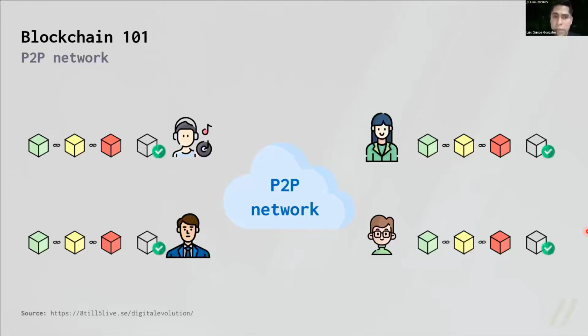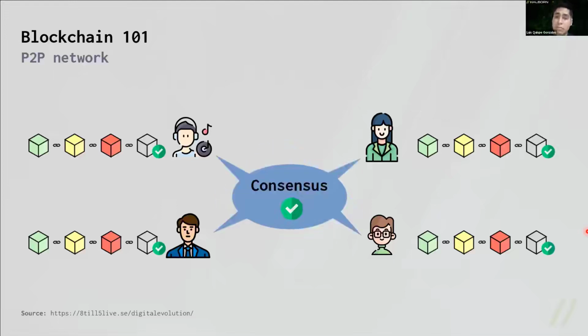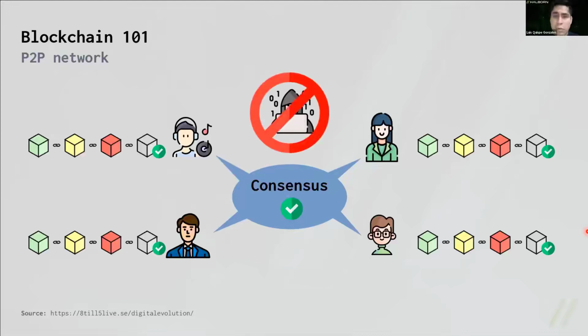If so, they will add the new block to their own local copy of the blockchain. That's how they reach consensus. Awesome. Now, what happens if an attacker wants to create a fake block? The participants will be able to verify that the new block is not compliant, and the new block will be rejected.